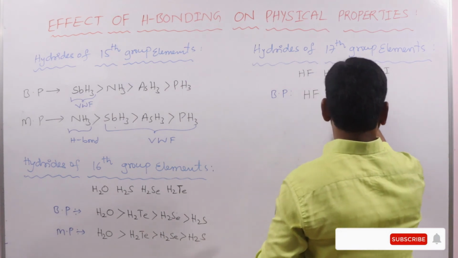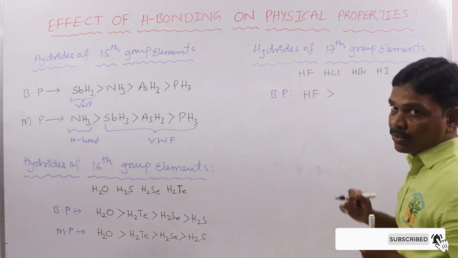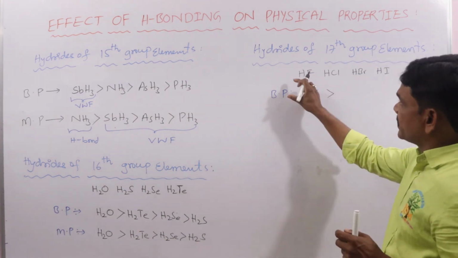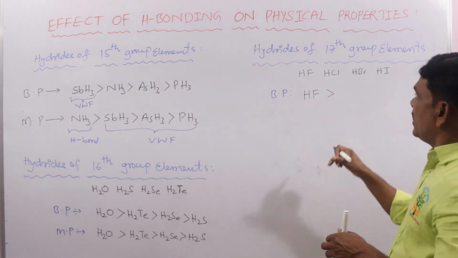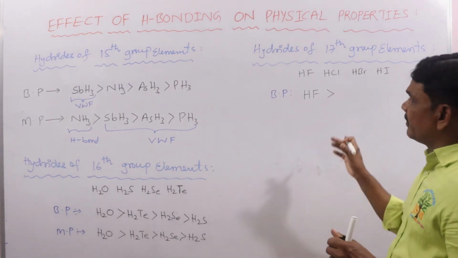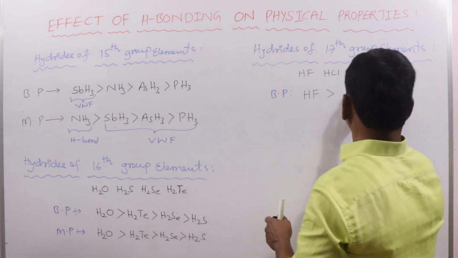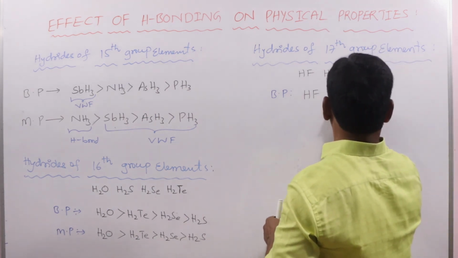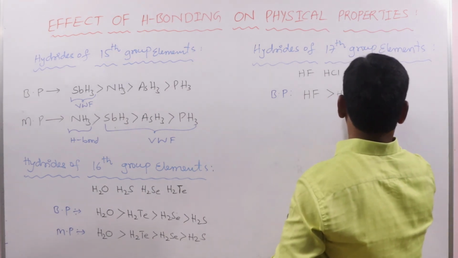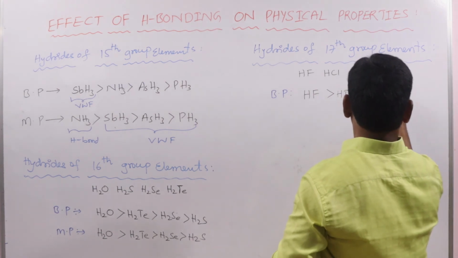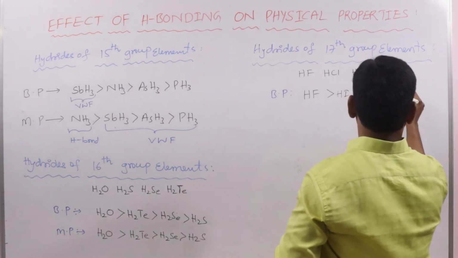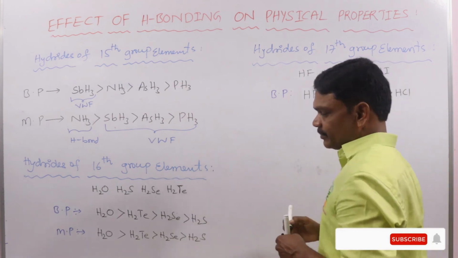In the remaining three hydrides of 17th group elements, the extent of hydrogen bonding is less, and which one is dominating? Van der Waals forces are dominating, so that's why hydrogen iodide greater than hydrogen bromide greater than hydrogen chloride.